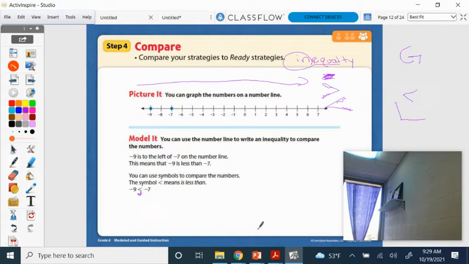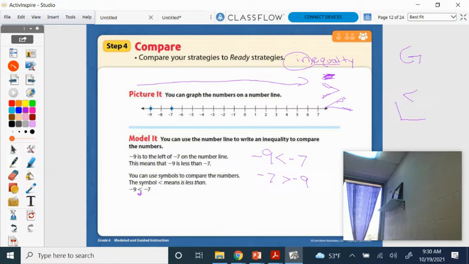So listen, if I wrote -9 is less than -7 and -7 is greater than -9, are they saying the same thing? Yeah. So on your test on Friday, you're going to be asked to write two different inequalities for one thing.